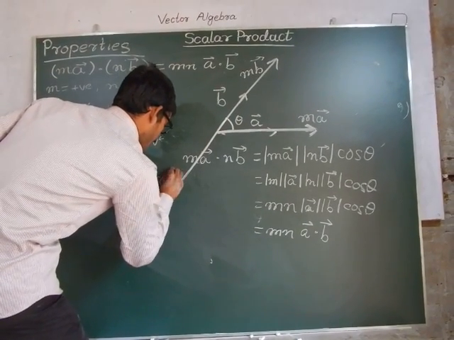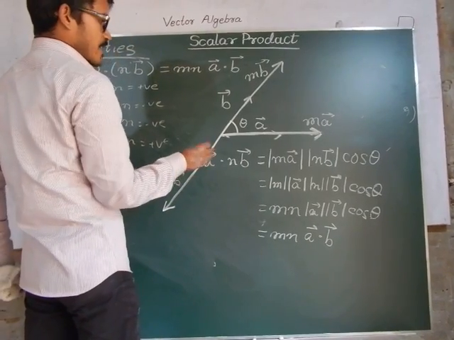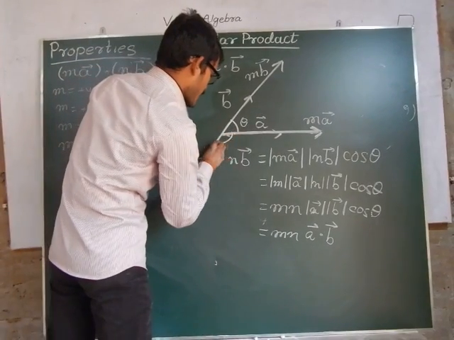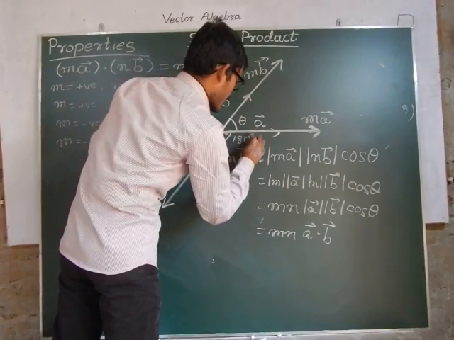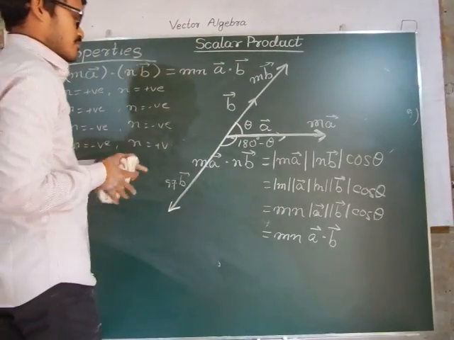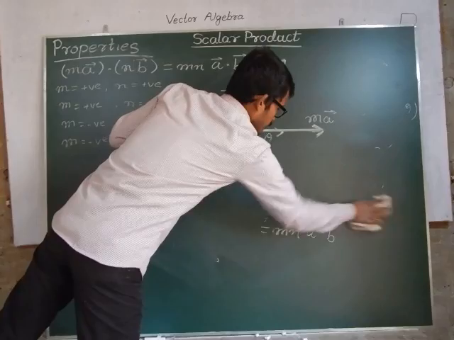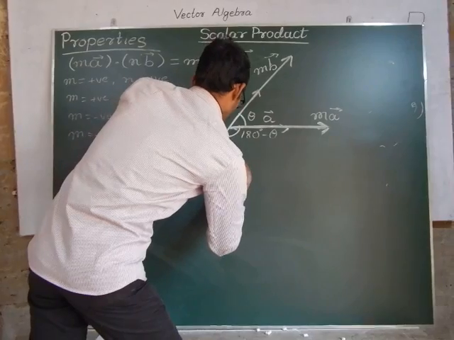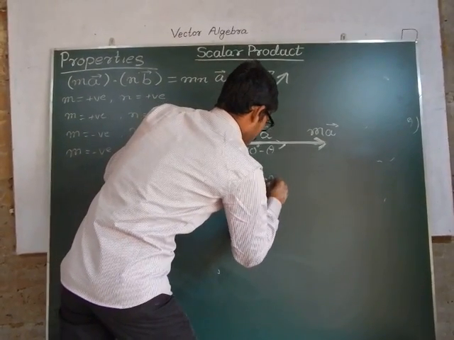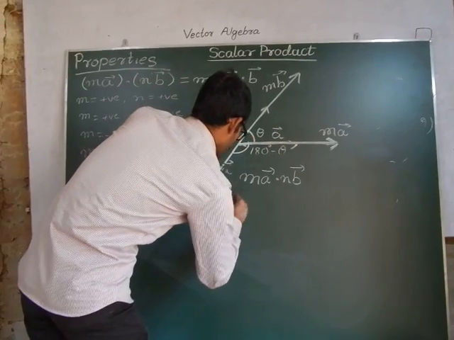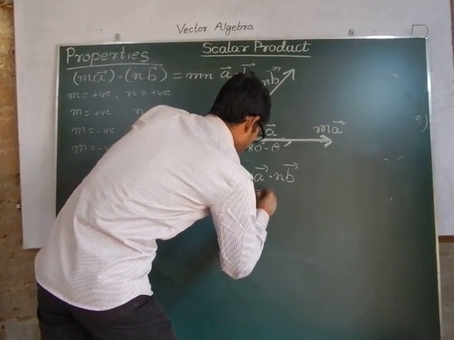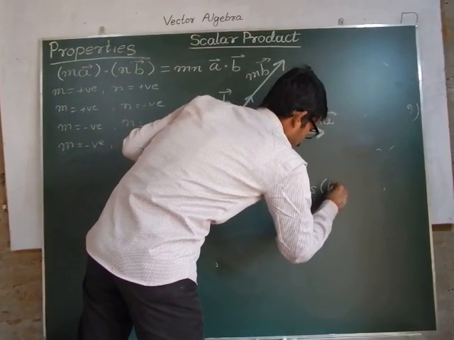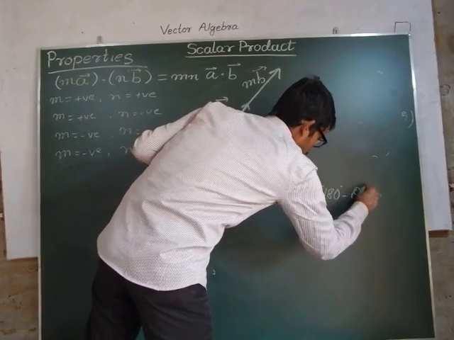In this case, the angle between ma and nb will be 180 degree minus theta. Now, ma dot nb is equal to magnitude of ma multiplied by magnitude of nb into cos of the angle between them, 180 degree minus theta.